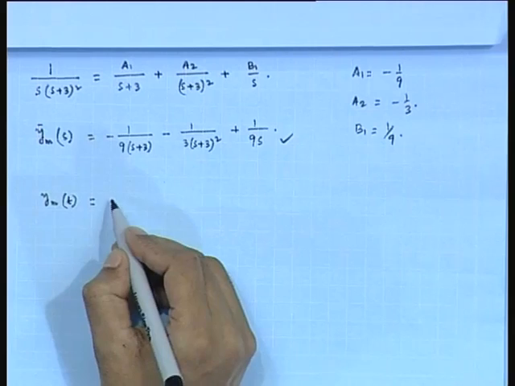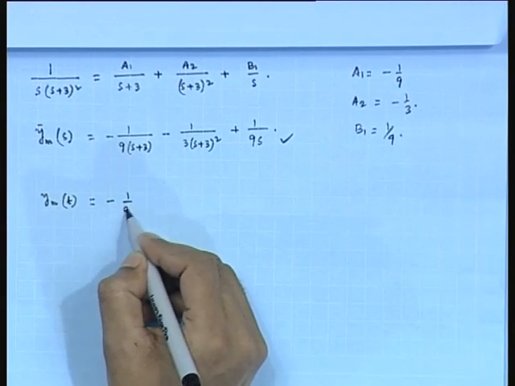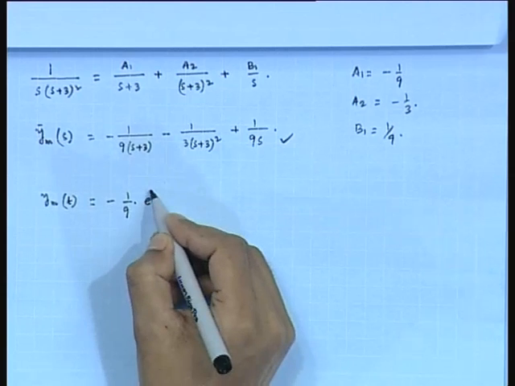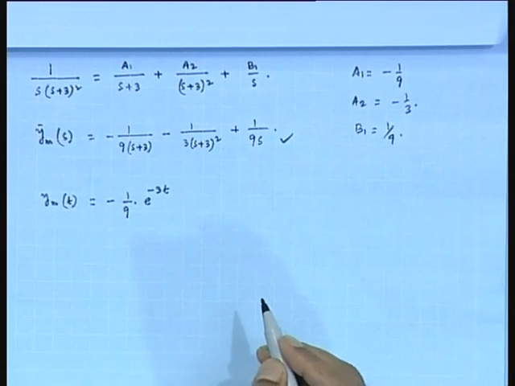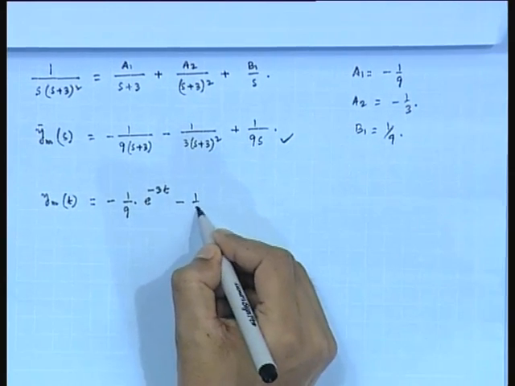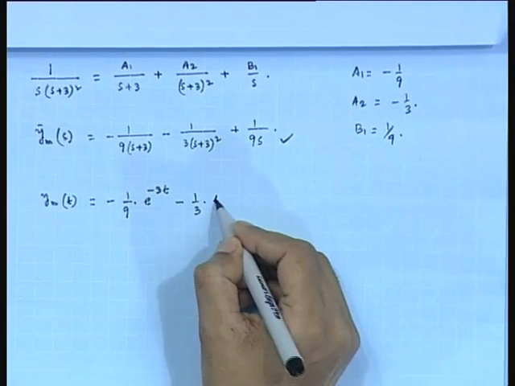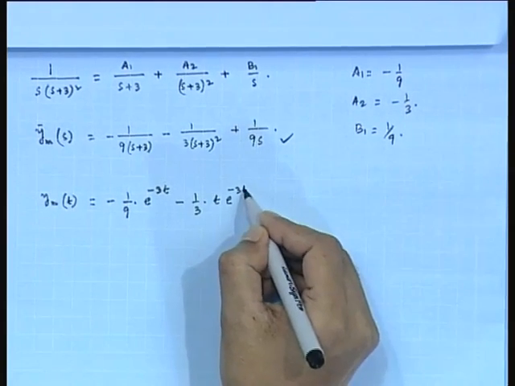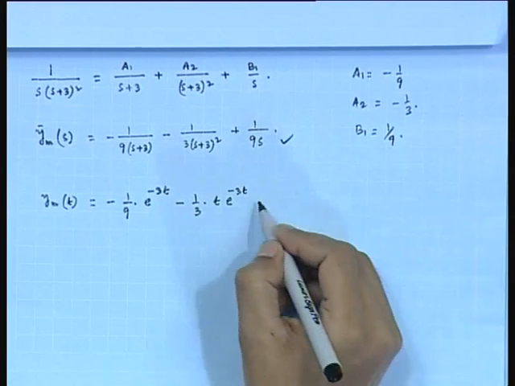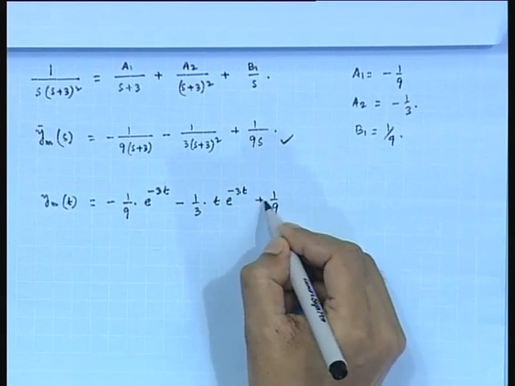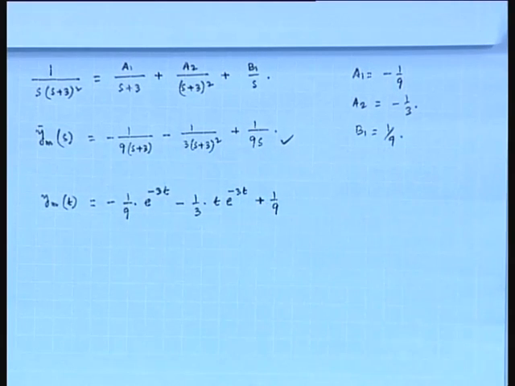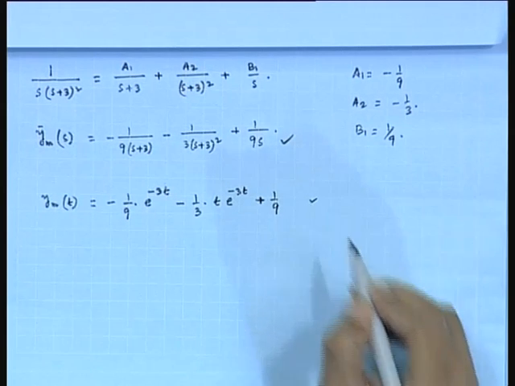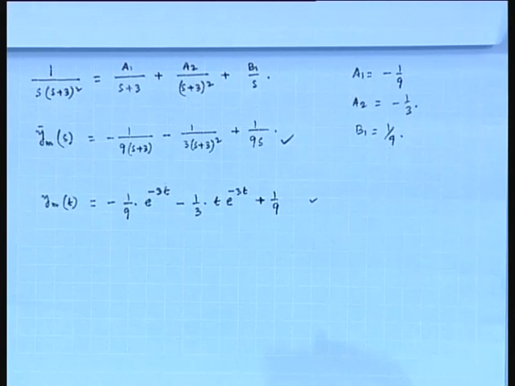If we take the inverse Laplace transform, then we get ym in the time domain as ym(t) equals minus 1 by 9 exponential of minus 3t, minus 1/3 t exponential of minus 3t, plus 1 by 9. So, this is the expression of ym in the time domain.